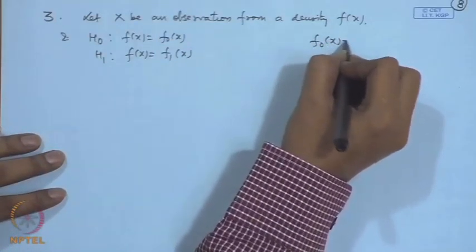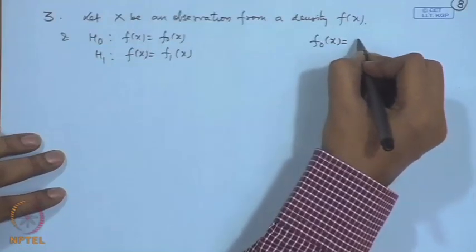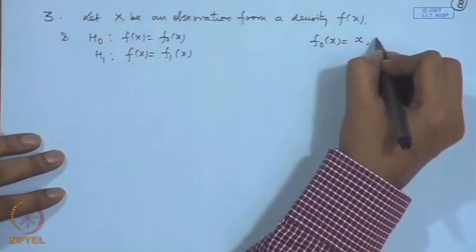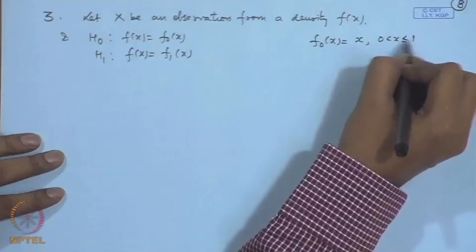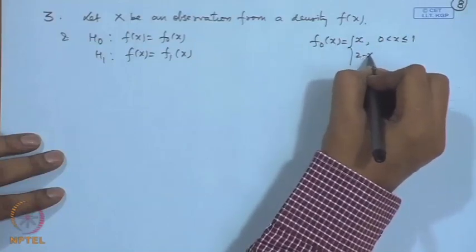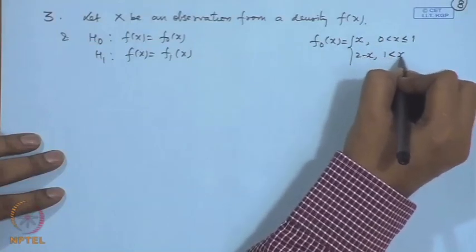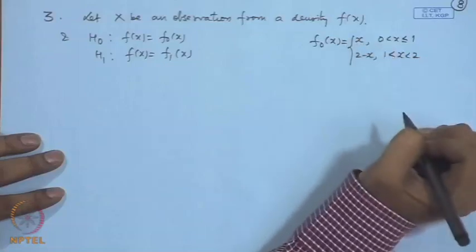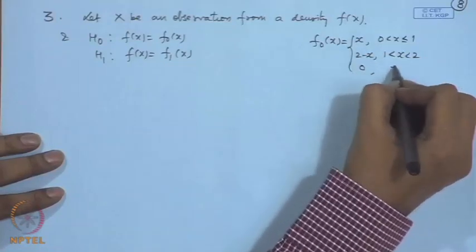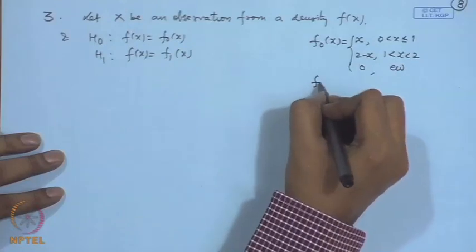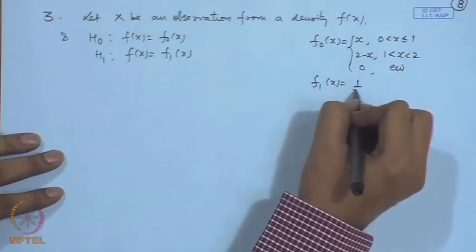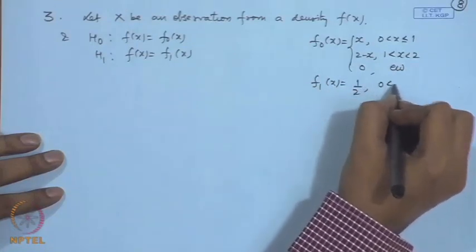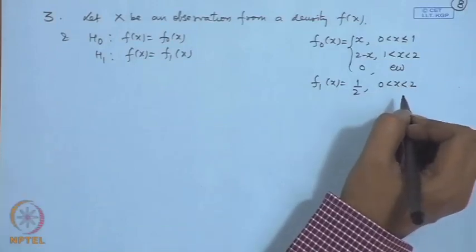f0 is the triangular distribution. It is equal to x for 0 < x ≤ 1, and it is equal to 2 − x for 1 < x < 2, and of course it is 0 elsewhere. And f1(x) is 1/2 for 0 < x < 2.